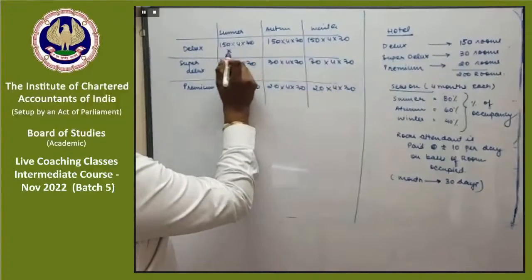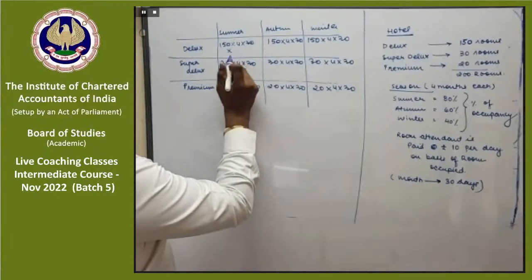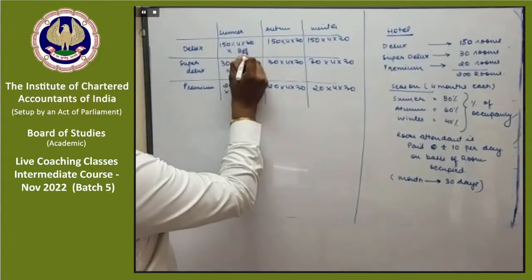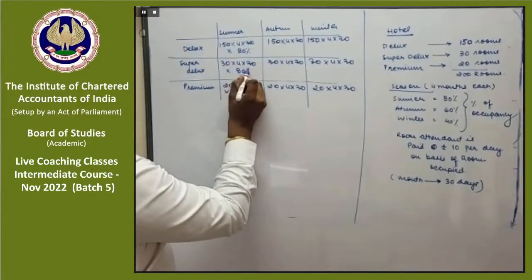Now let's write the occupancy in summers. It is 80% into 80%.